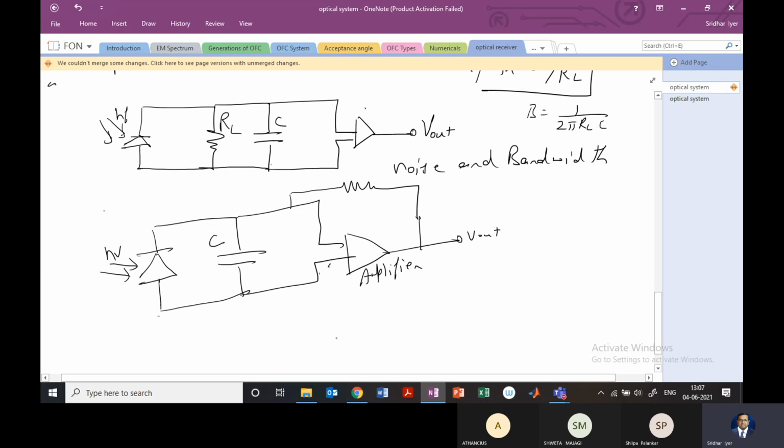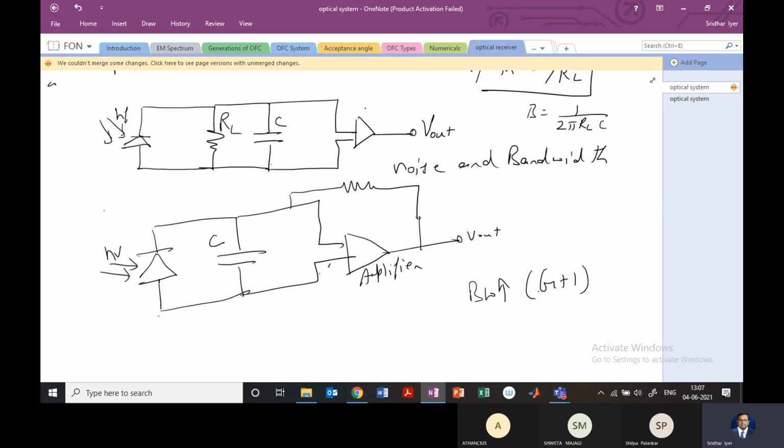So here what we get is we use the gain of the amplifier, and we can increase the bandwidth by some G plus 1, right? That is the gain of the amplifier, right? So whatever drawbacks we have of the high impedance amplifier in terms of using the load resistance, that we can decrease by using a negative feedback system in this kind of setting, which is known as the trans impedance amplifier, right?